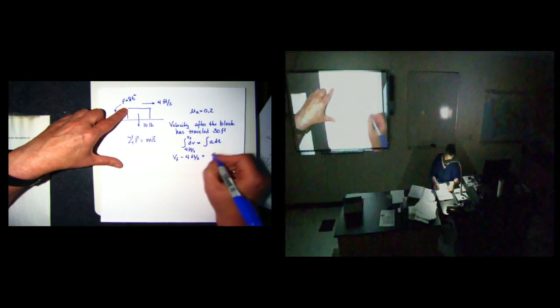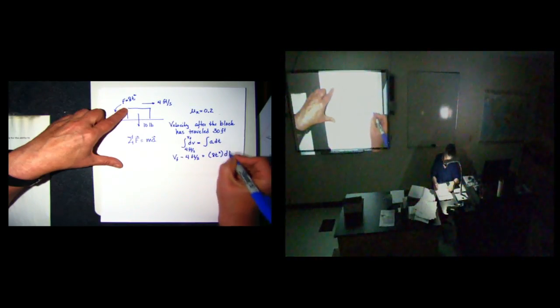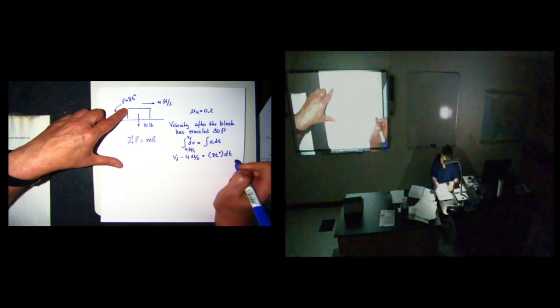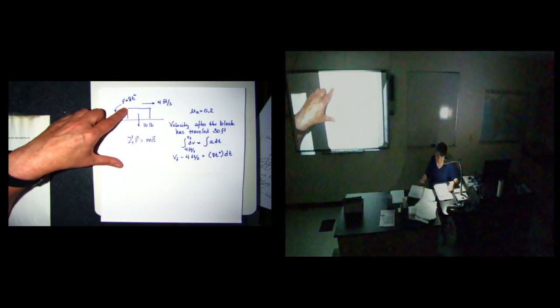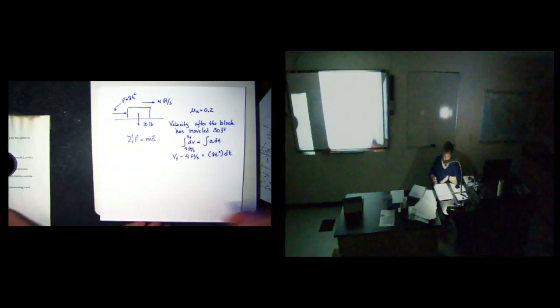Acceleration. Mass is going to be my 10 pounds divided by my 32.2. So I'm going to get 8t squared divided by 10 over 32.2, minus 2 divided by 10 over 32.2.